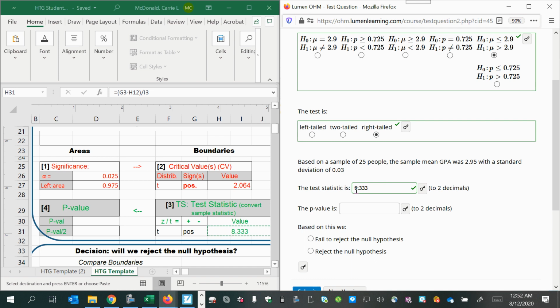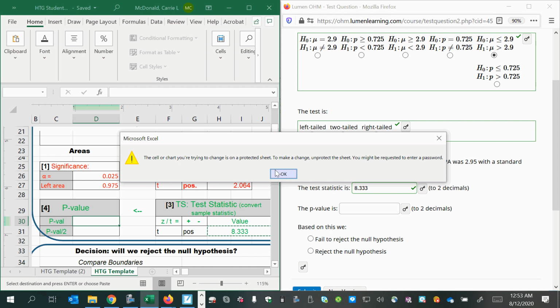So having a test statistic that is 8 standard errors above the mean is crazy. This p-value is going to be super tiny because this is so far into the right tail. In fact, it's probably going to round to 0. So let's figure out what it is. We're doing a right-tailed test, so the area will be all in one tail.